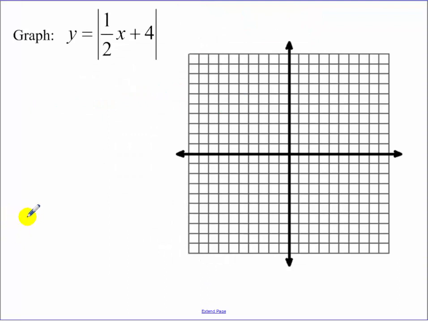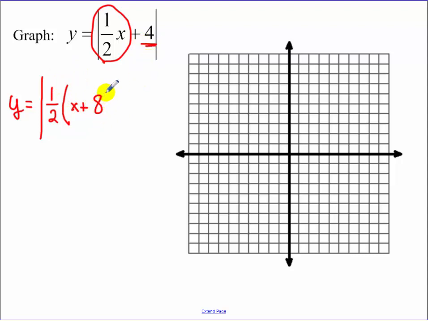Now this one's a little bit more complicated. Whenever you have something that's being multiplied to the x, what you need to remember is that when it's inside the absolute value function, or inside any function, your transformations are a little bit backwards to what seems obvious to people. You have to factor out the 1/2. When I factor out that 1/2, what times 1/2 is 4?